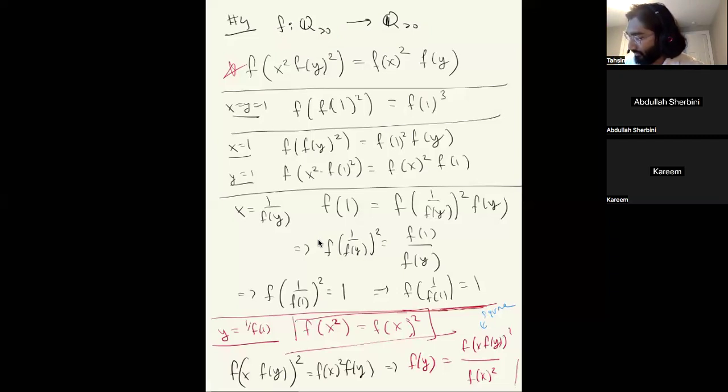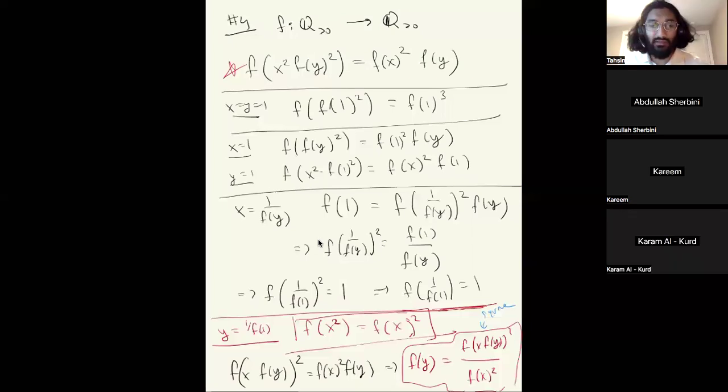So I'll box this equation. We use this equation to get that f of y is a square. If you think a little more, you can actually get more out of this equation. So I'll give some time to think.